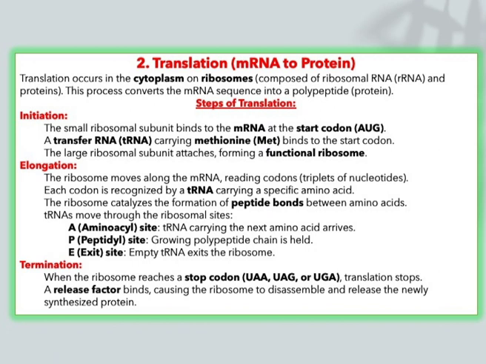Finally, protein synthesis occurs. This we call translation. In prokaryotic organisms, both transcription and translation, the processes of protein synthesis, occur in the cytoplasm. In eukaryotes, translation is observed at the ribosomes in the cytoplasm.